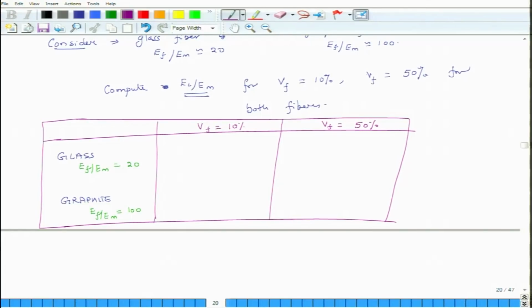So, let us write down these numbers. You can do the calculations, but I will just straight away write the numbers. So, what are these values?